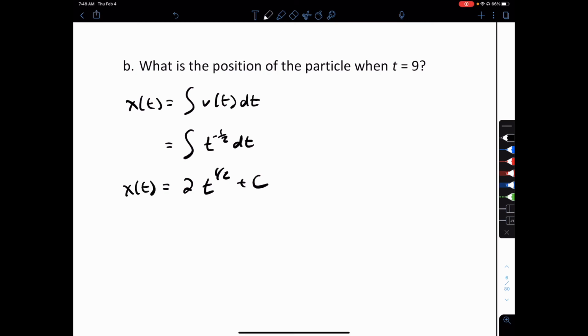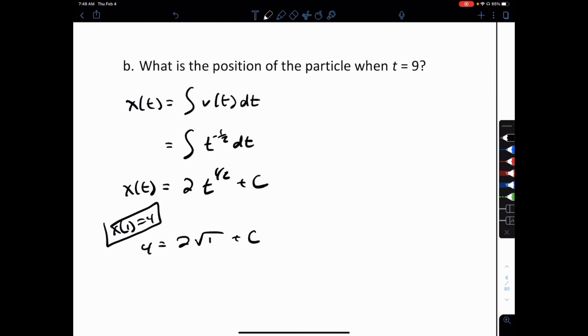To figure out what this constant is, we need an ordered pair. And we had an ordered pair up above that was x of 0 equals 4. So I replace x of t with 4, the position. I replace t with 0.